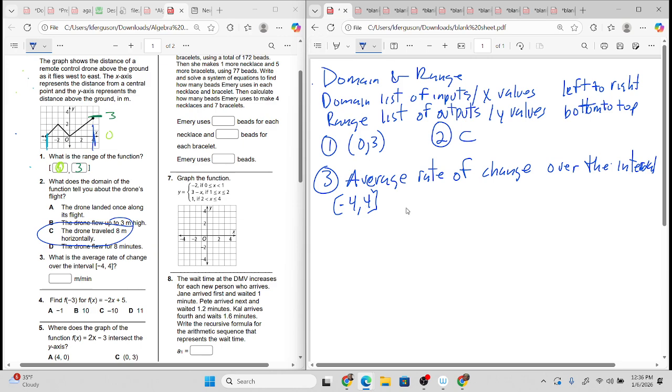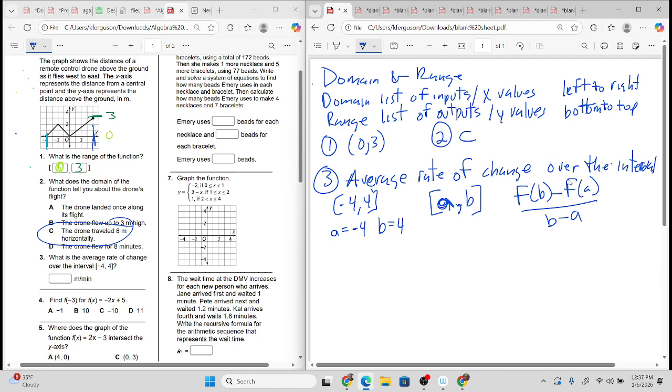So the thing is, average rate of change has a specific formula. The formula for A to B is F of B minus F of A divided by B minus A. Well, I already know from just the problem, my A is going to be -4 and my B is going to be +4.